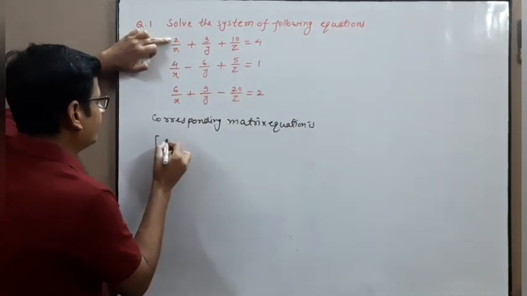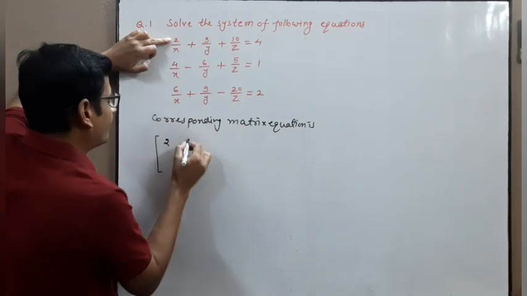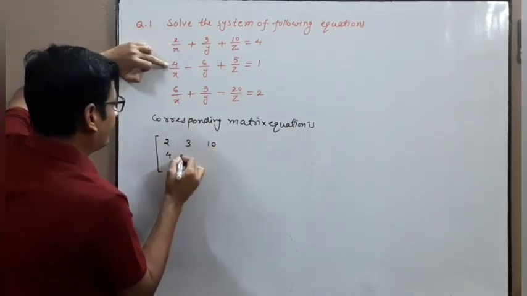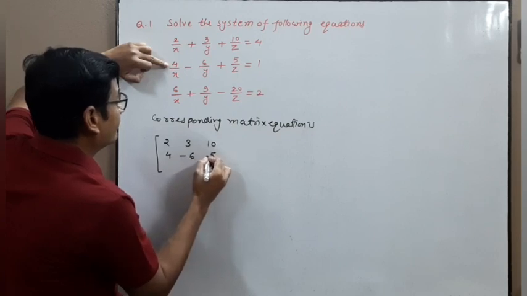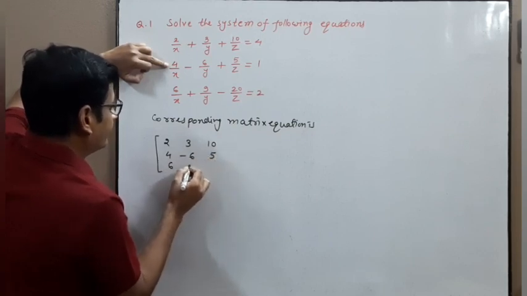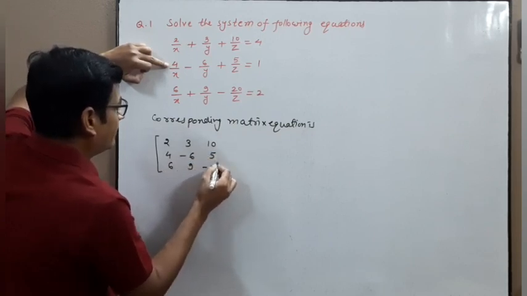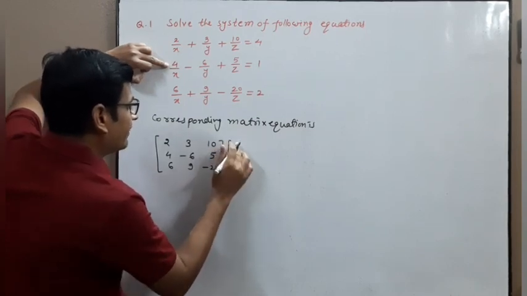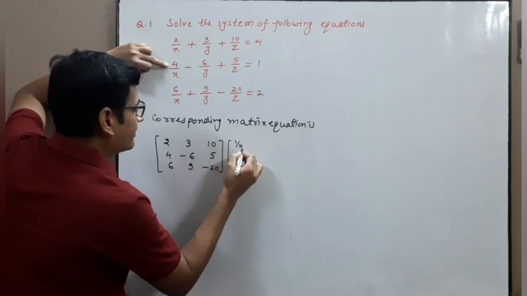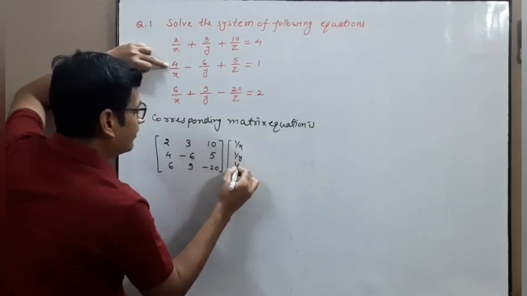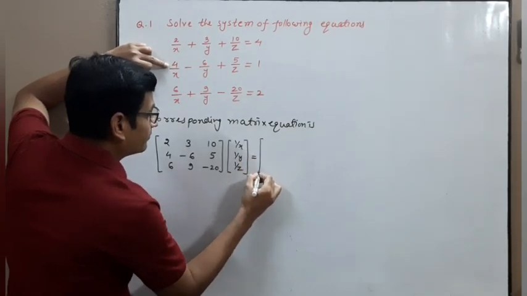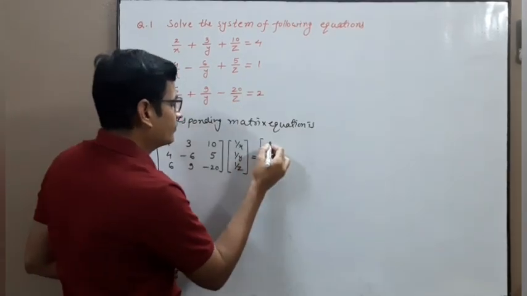Coefficient of 1 by x: 2, 3, 10; 4, minus 6, 5; 6, 9, minus 20. In the second bracket, in place of x, y, z, we write 1 upon x, 1 upon y, 1 upon z, and it is equal to 4, 1, 2.